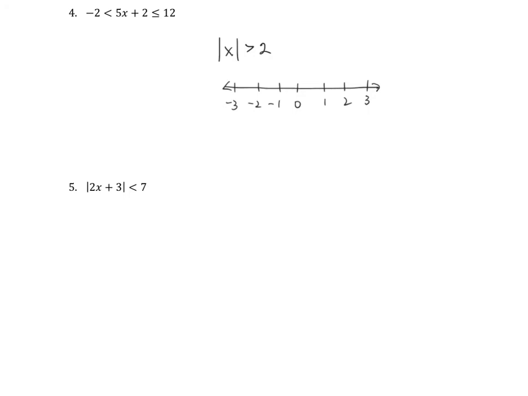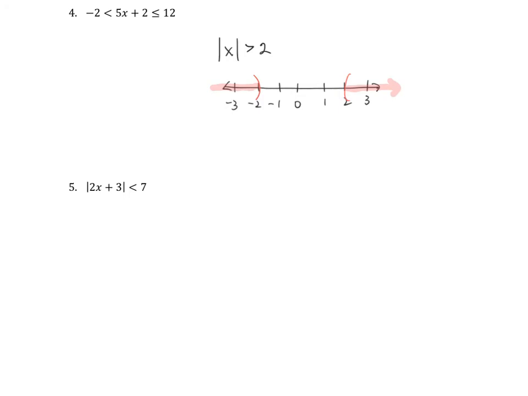It has to be more than 2 units away. So over here, anything past 2 would be more than 2 units away from 0. Same on this side. So if it's greater than, it has to be greater than 2 units away from 0. That would be these two pieces. So you can see now there are two pieces that would make this work.